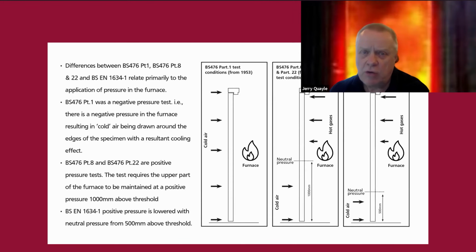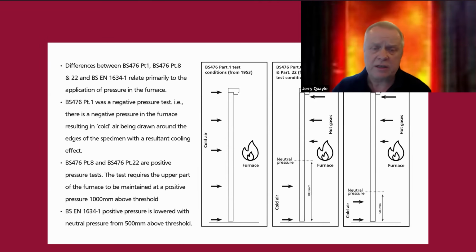And that really causes doors, in our case, to be tested for longer than they would have been had it been a wire thermocouple. So there are significant differences between them, which are lost in the eons of time as to why the replacement of the EN1634 and the way the furnace runs has been done.